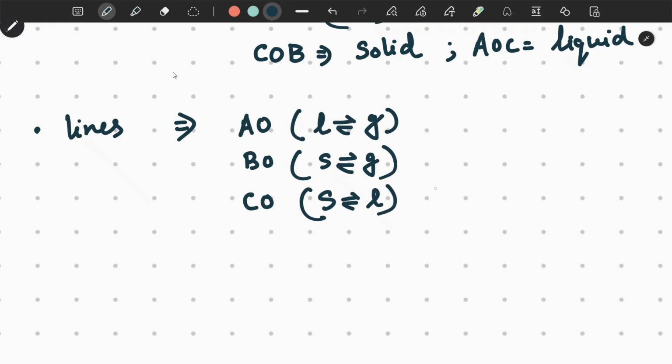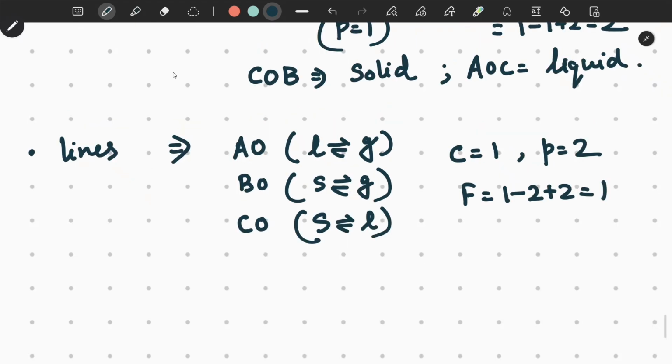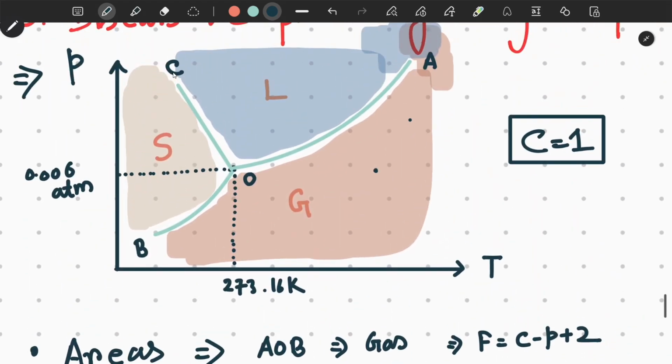For each line, the component is 1 and phase is 2. So degree of freedom will be 1 minus 2 plus 2, so 1. You can fix only one variable, either pressure or temperature. The other will be automatically fixed.